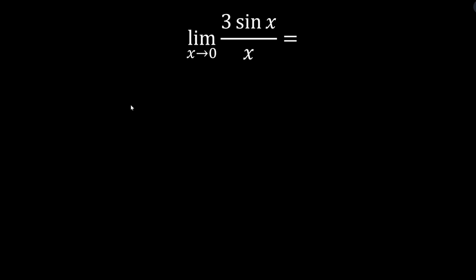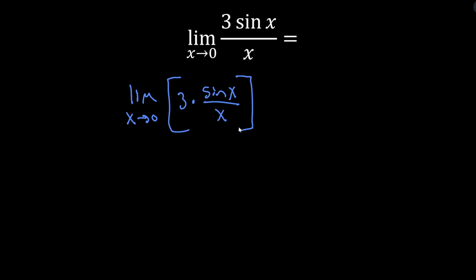But here's what I can do. I can actually take care of that 3, and it's kind of simple because if I rewrite it this way, it makes it a little more clear. This is 3 times the sine of x over x. So now what I can say is, we have a constant times a function, and we have a limit law that says the limit of a constant times a function is the same as the constant times the limit.